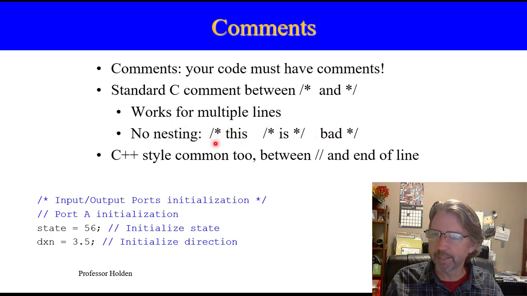Nested comments like this are not allowed. It would start the comment here and ignore this because it's a comment, and here it's going to end the comment, and then you're going to get a syntax error because it doesn't know what this means. So you can't do nested comments using this style, but you can do multiple lines.